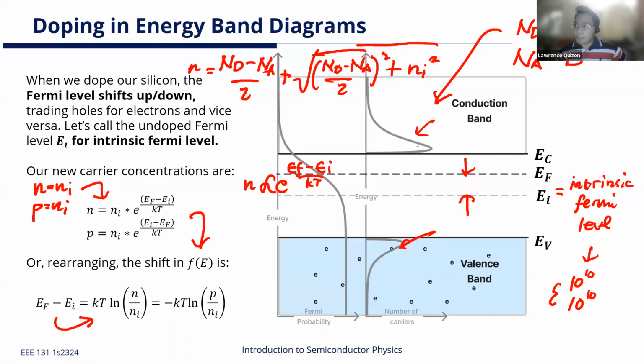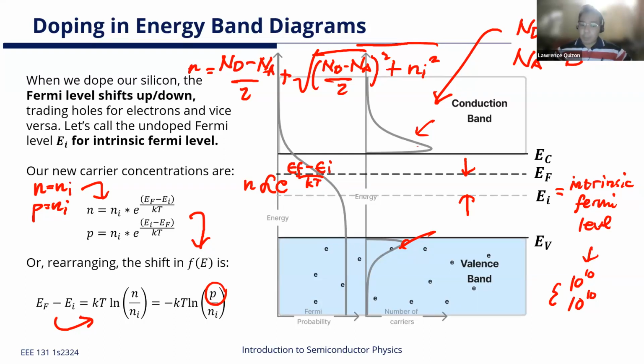Yes. No? So that is the equation for that, right? So then we substitute this into this and we find the shift in Fermi energy, right? Same with holes, no?